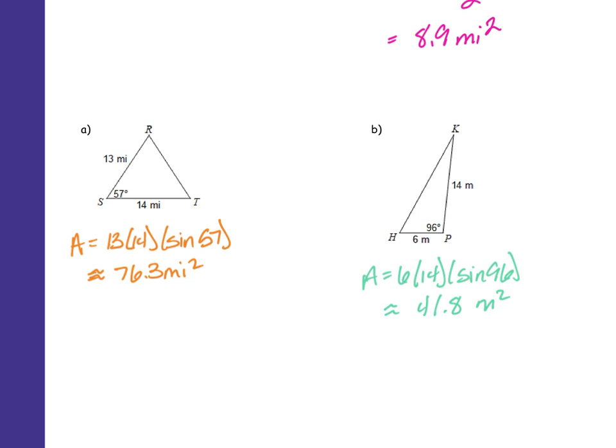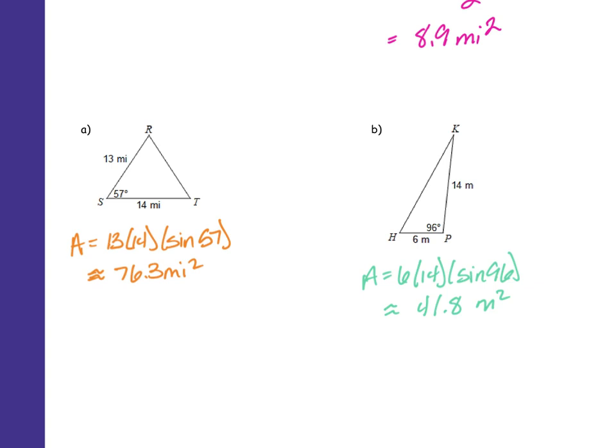Yeah, good. 76.3 miles squared and 41.8 meters squared. So just set it up, two sides multiplied together, sine of the angle. That's it. Make sure you're in degrees instead of radians. Questions on how to do it if I have two sides and the included angle?